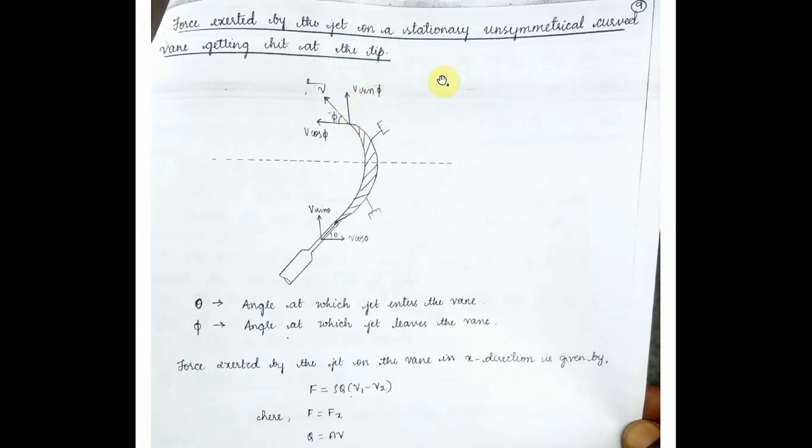The vertical component is v sin phi and the horizontal component is v cos phi, and phi is the inclined angle with respect to horizontal, the tangential angle at the exit. So theta is the angle at which the jet enters, and phi is the angle at which the jet leaves.